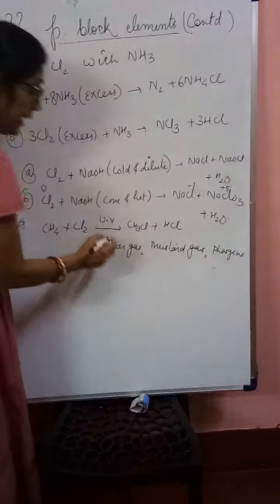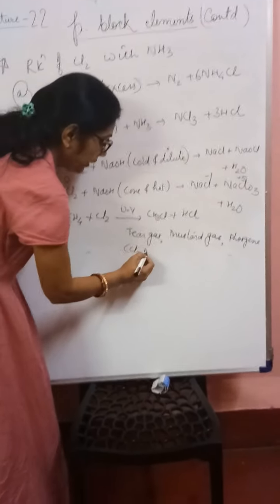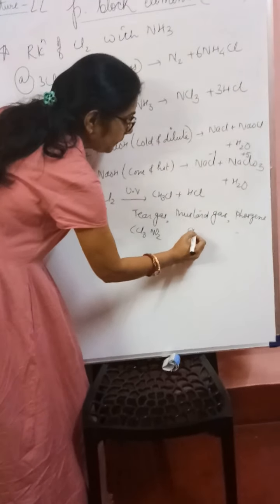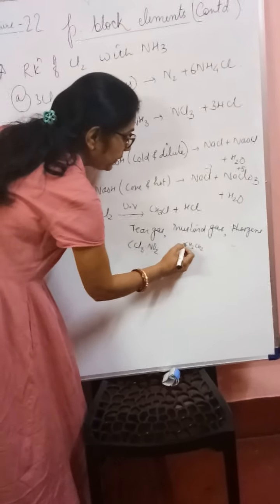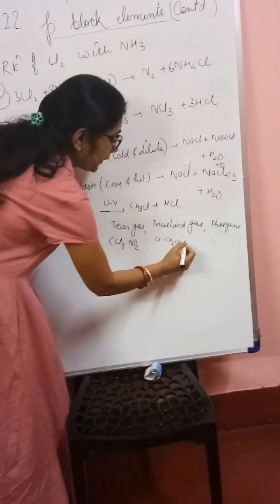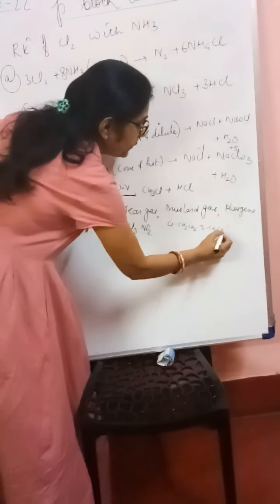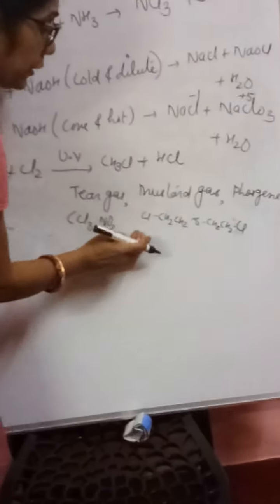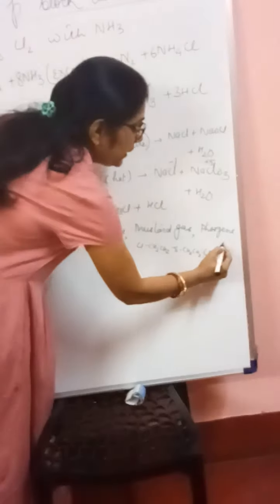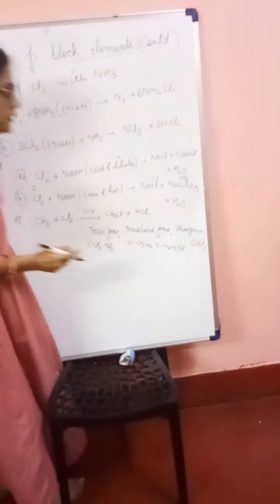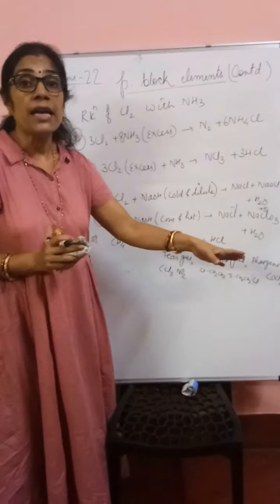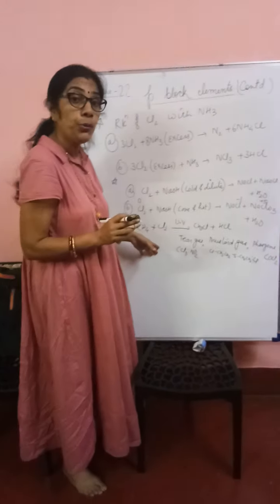Tear gas is CCl3NO2, chloropicrin as it is also known, and mustard gas is CH2CH2Cl, S, CH2CH2Cl, dichlorodiethyl sulfide, and phosgene is COCl2, that is carbonyl chloride. So these 3 are the poisonous gases which are prepared from chlorine.